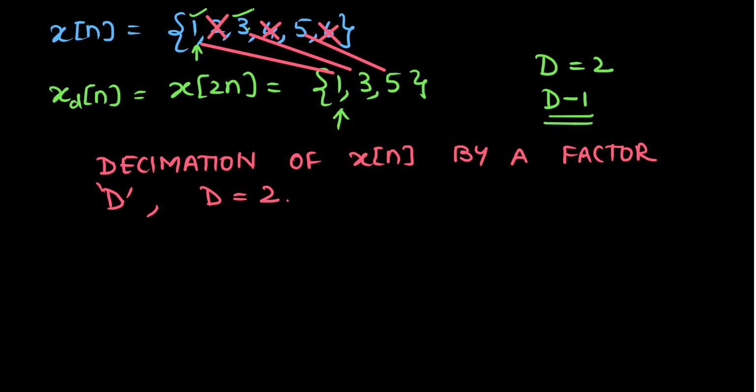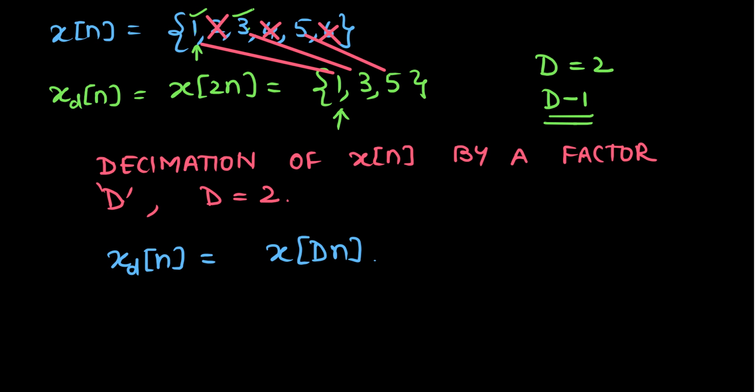So out of d samples in total, we are considering only one sample and decimating the remaining ones. Therefore this relation is known as decimation of x of n by a factor d. In general, decimation by a factor of d can be given as xd of n, which is defined as x of dn. So this is decimation by a factor of d.